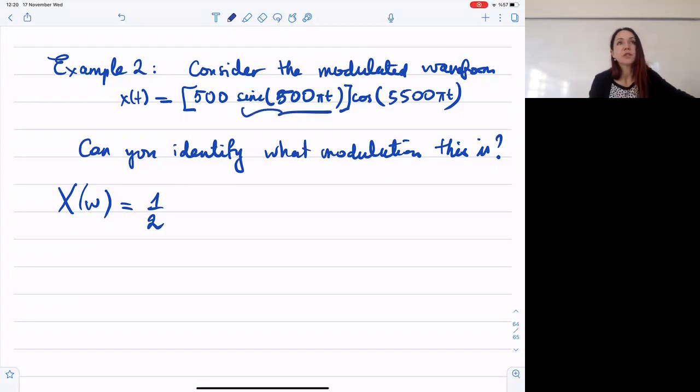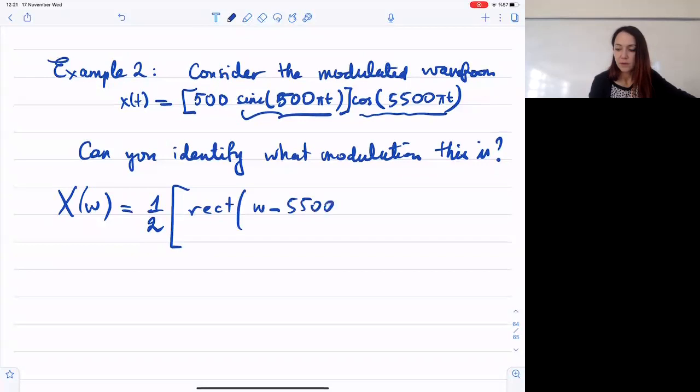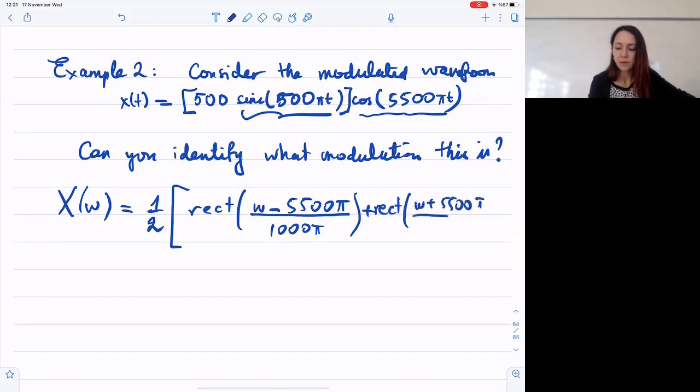So we will have two shifted rect functions in the frequency domain. The 1/2 scaling comes from the Fourier transform of the cosine. Rect of (W minus 5,500 pi) over 1,000 pi, plus rect of (W plus 5,500 pi) over 1,000 pi.